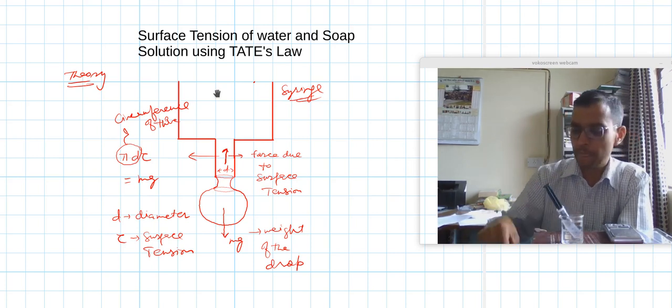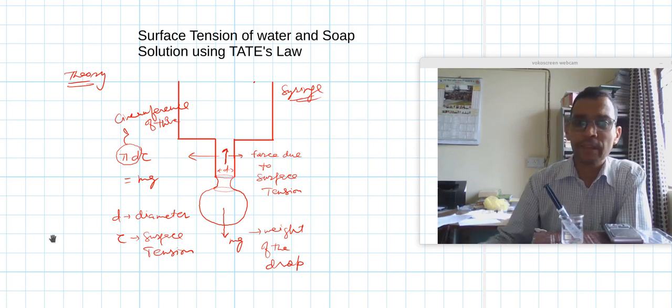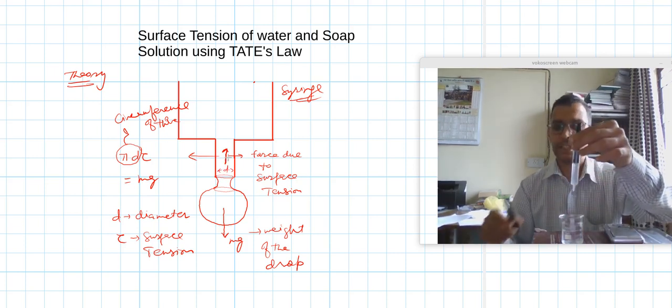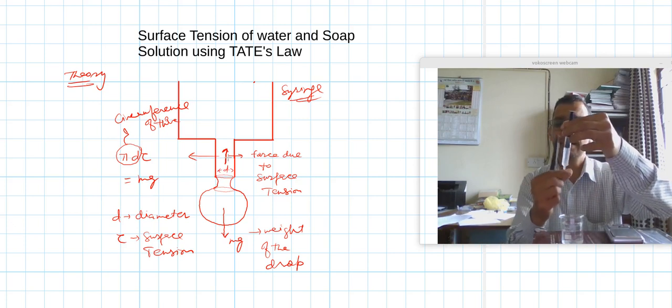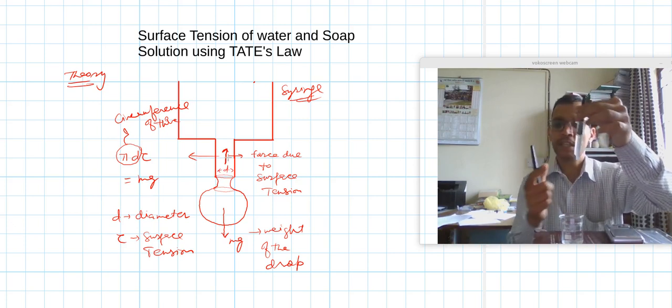This is the syringe, and this is its tubular part from which the liquid comes out. This is the internal diameter of this part, which I am talking about here.